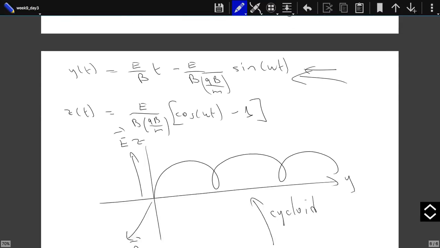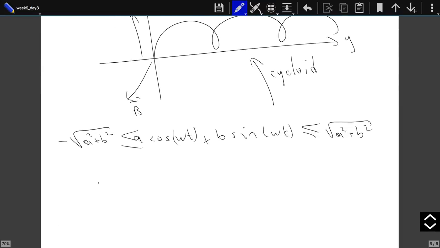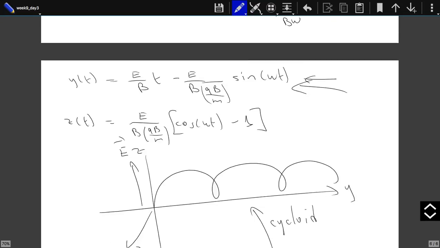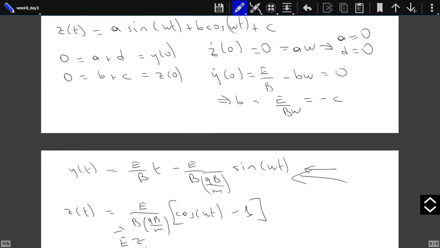Now, if you look at these solutions, what do they satisfy? y of t minus e over b times t, squared. You see, what I did is I isolated this sine term, and y of t minus e over b of t, squared, gives me this coefficient squared times sine squared. I will isolate the cosine term over here. But sine squared plus cosine squared will just give me 1.